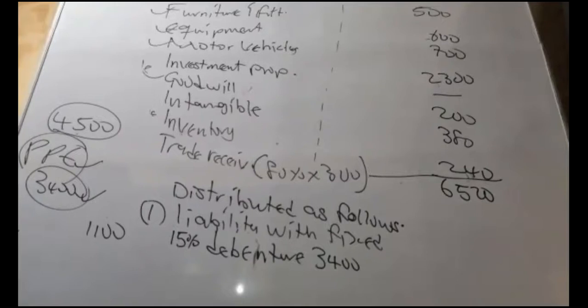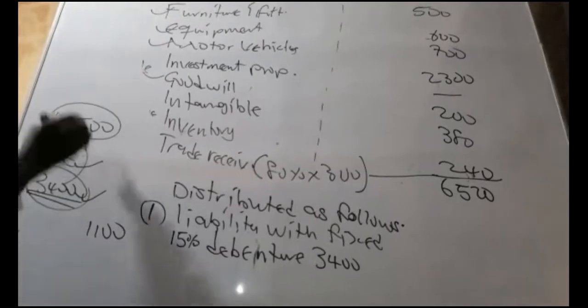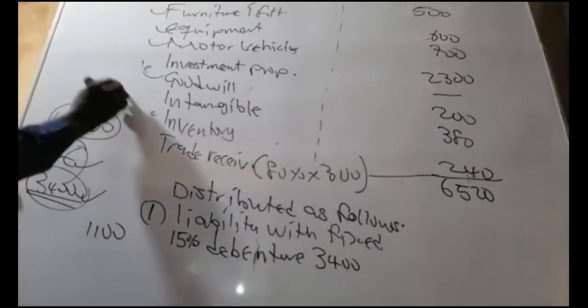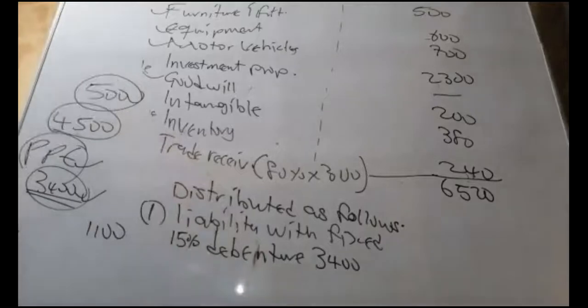Okay, so that is it. Now the next liability on the list will be who? Okay, now let me take this. What if the proceeds is not 3,400, but instead it is 5,000? When we sold the asset, we had 5,000.